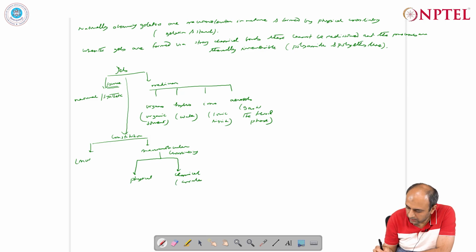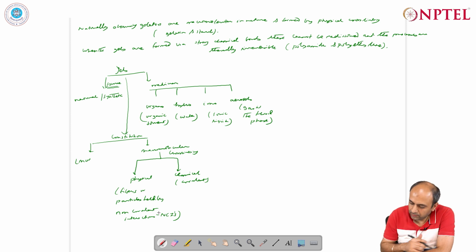These are covalent, as we mentioned, and these are fibers or particles held by non-covalent interactions. Short form is NCIs.